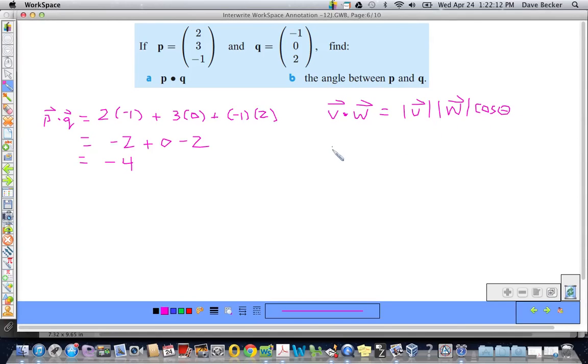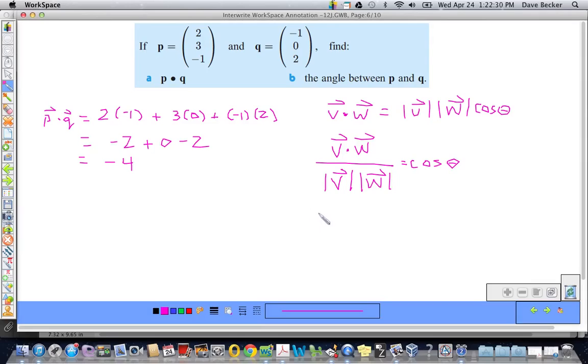Then you can easily solve that: v dot w over magnitude of v times magnitude of w is equal to cosine theta.